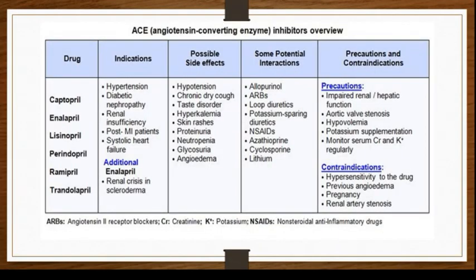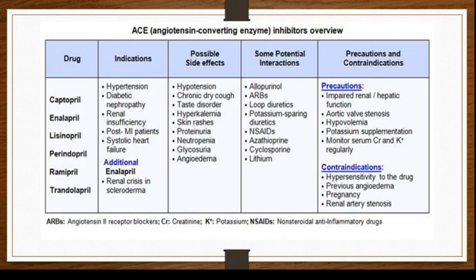So basically, I've grouped all the ACE inhibitors in one box, and as you can see, we have the drugs: captopril, enalapril, lisinopril, perindopril, ramipril, and also trandolapril. So these are their indications. You can go through them later on. For want of time, we cannot look at all of them one by one.